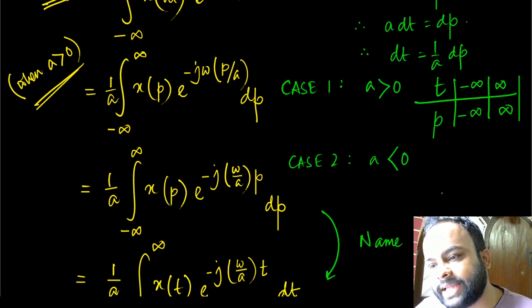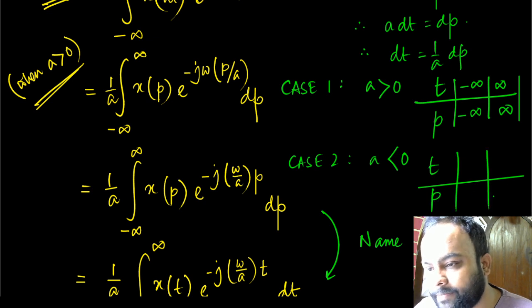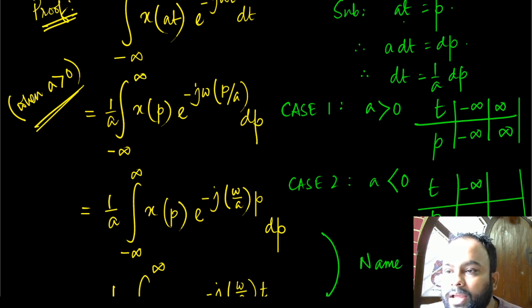If A is negative and I do the substitution p equals at, when t goes to minus infinity, since A is negative, we have a negative quantity multiplied with minus infinity, so p is plus infinity.